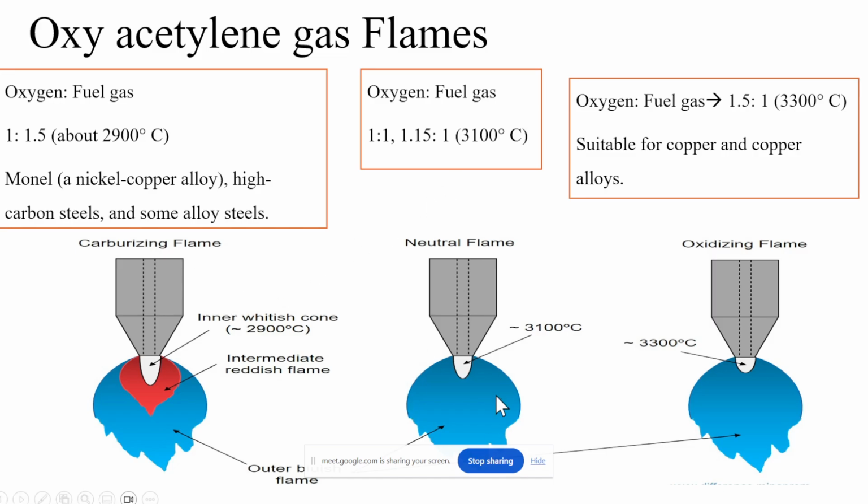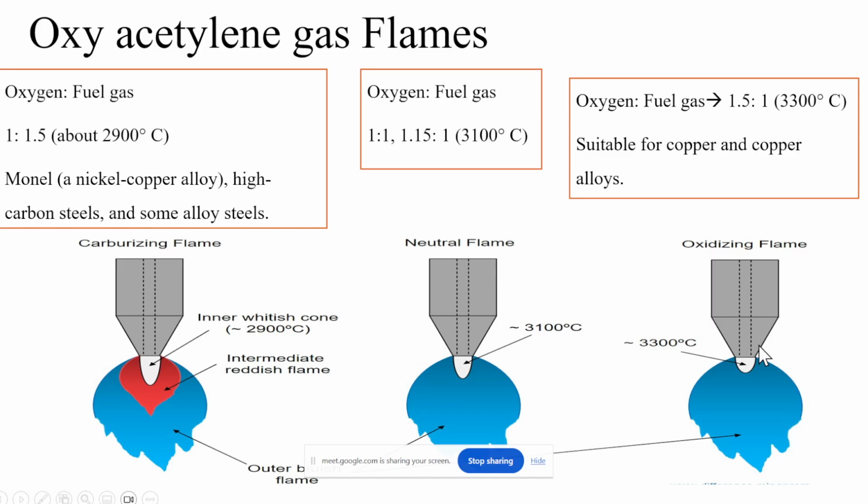In the neutral flame, oxygen and fuel are in the proper ratio, so the fuel gets completely burned. We can use this flame for any general applications, like iron. In the oxidizing flame, we give a larger amount of oxygen compared to the fuel.